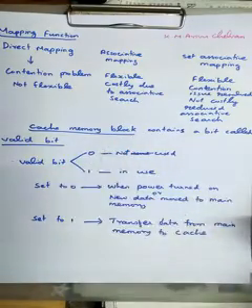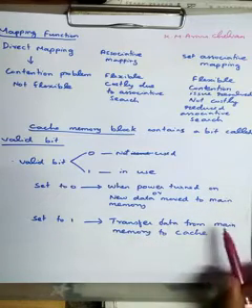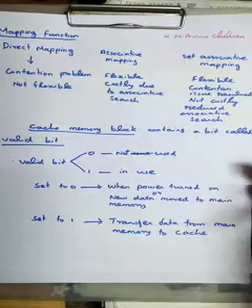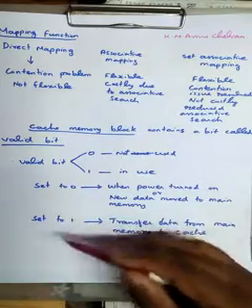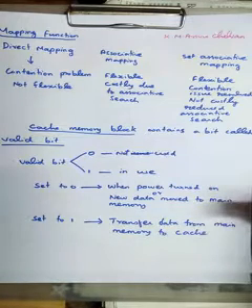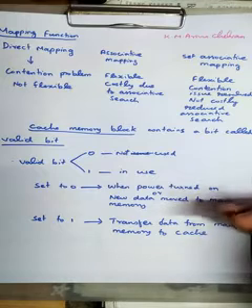When will it be set to 1? It is set to 1 only during data transfer from main memory to cache memory. If you are transferring some data from main memory to cache memory, then the fields are set to 1. It indicates that the main memory is responsible for running the application at the time.